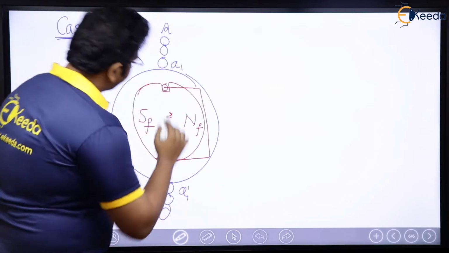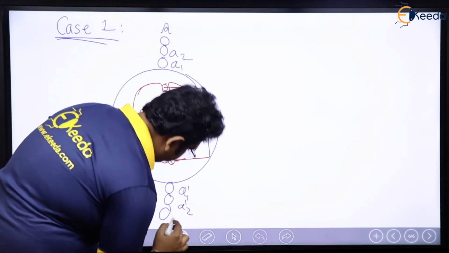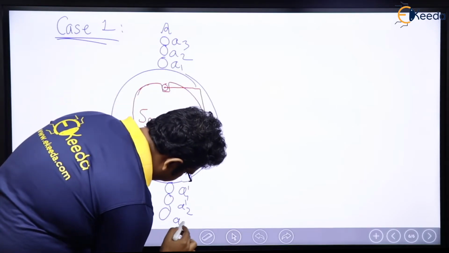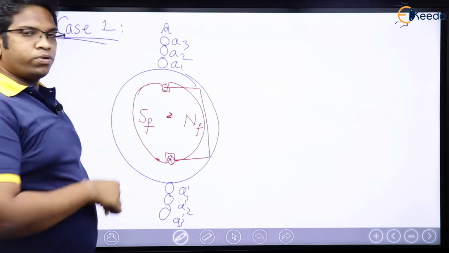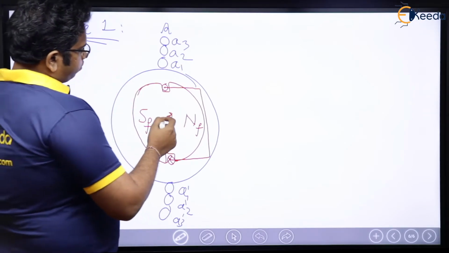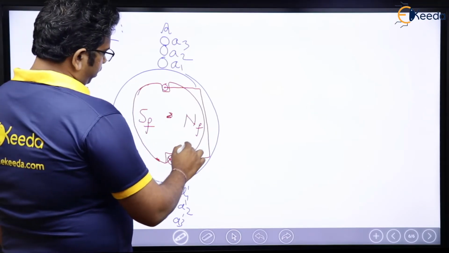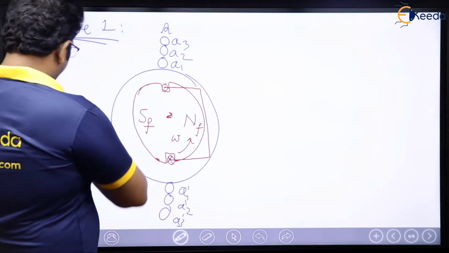A1, A1 dash, A2, A2 dash, A3, A3 dash. Why they are going to be opposite? Because two poles, we know that. Anyways, now let us think of that this is rotating in anti-clockwise direction like this. As usual, anti-clockwise direction.